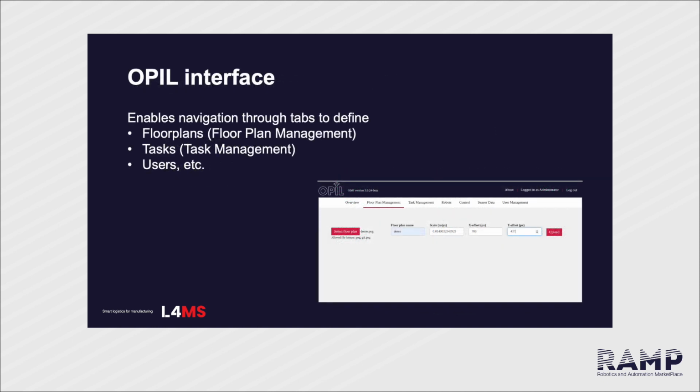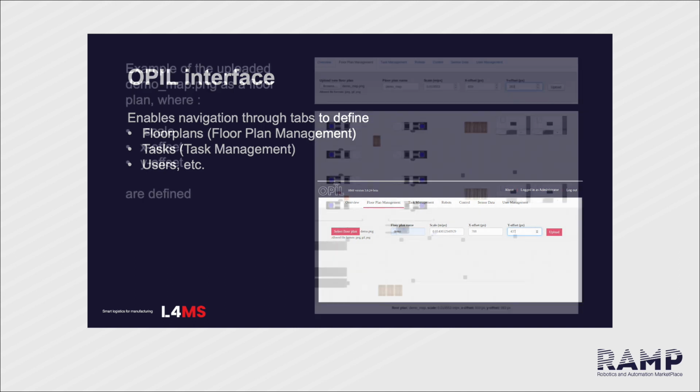By entering the interface, you will have a menu of tabs to navigate: Overview, Floor Plan Management, Task Management, etc. For example, going to Floor Plan Management, you can upload your floor plan.